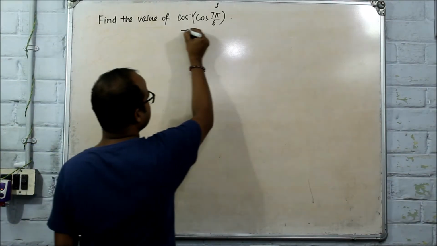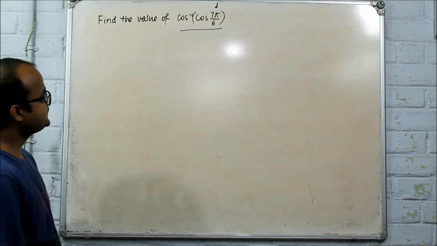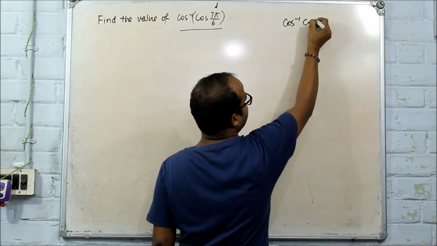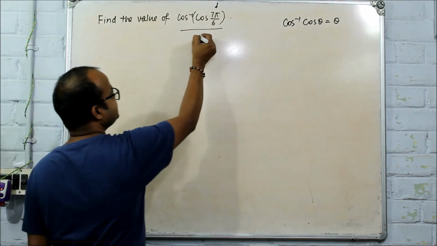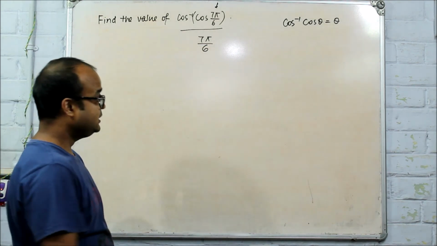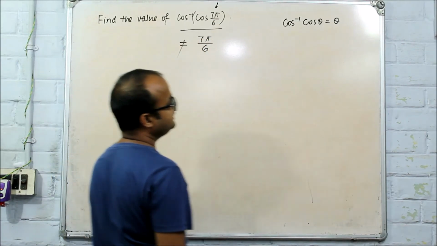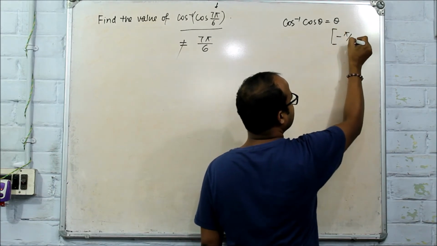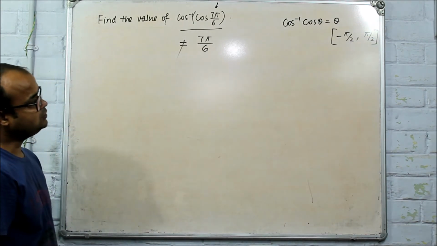So now let us discuss this problem. Cos inverse of cos 7 pi by 6. Can we apply cos inverse cos theta is equal to theta? Can we directly write this is equal to 7 pi by 6? No. Why am I telling you that this is not equal to 7 pi by 6? Because the range of the inverse is minus pi by 2 to pi by 2.